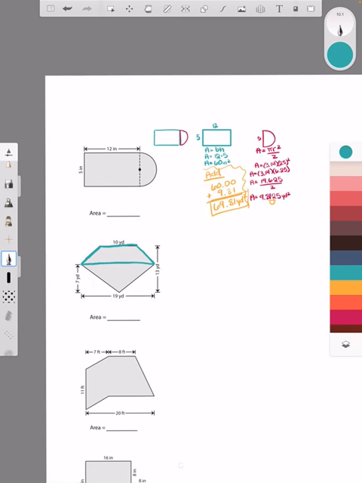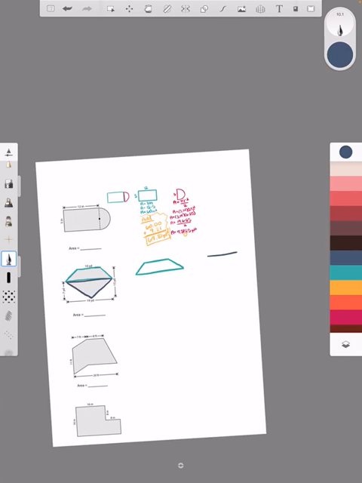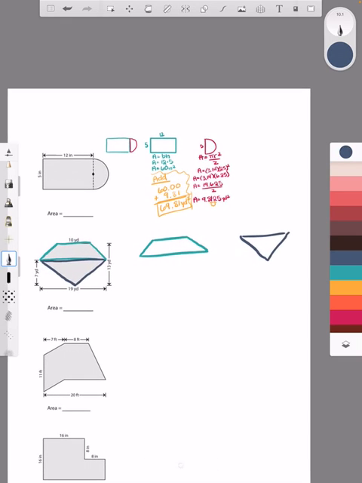The reason why it's a trapezoid is we only have one pair of parallel sides. And below that we have a triangle. Not my best triangle, but it's all good.